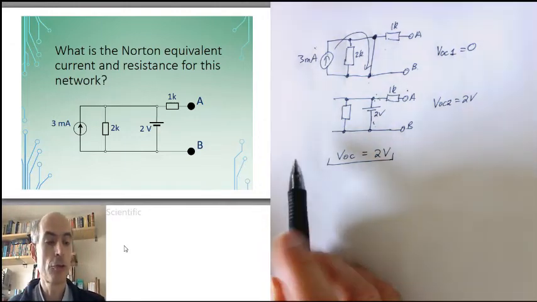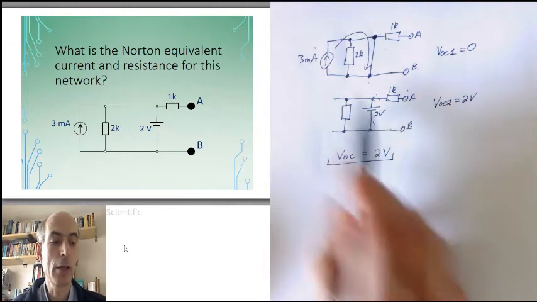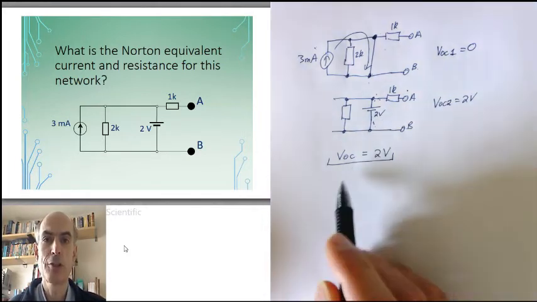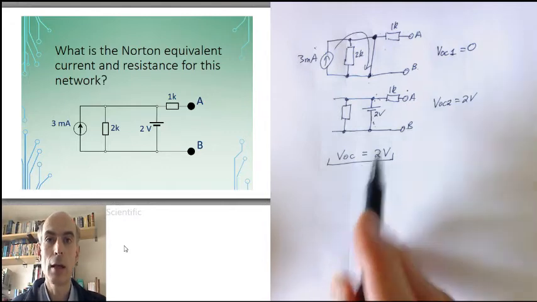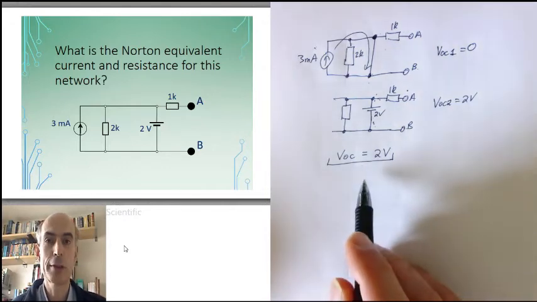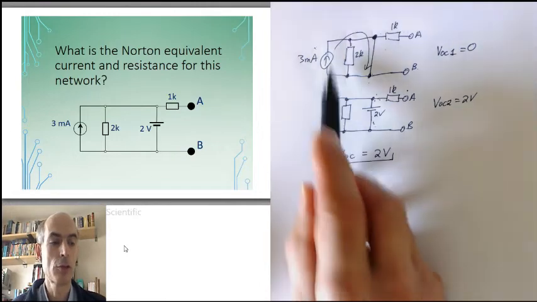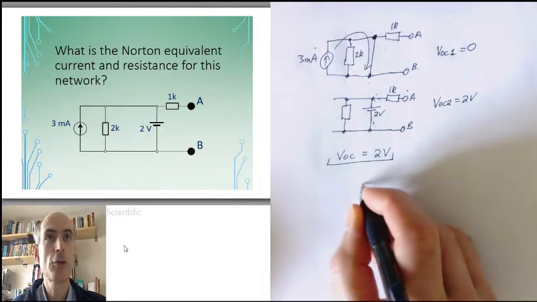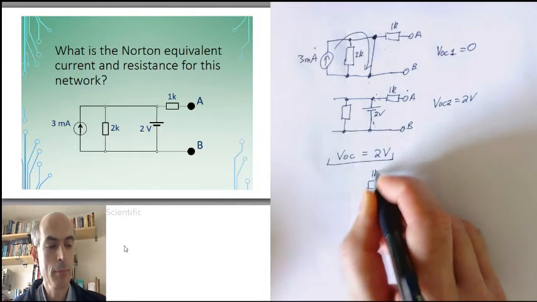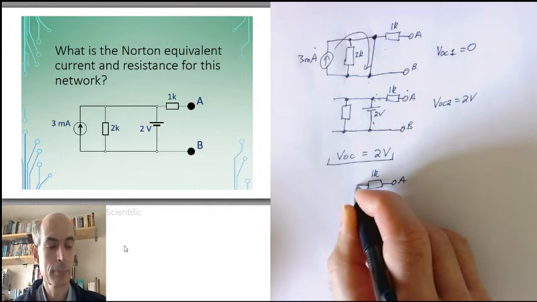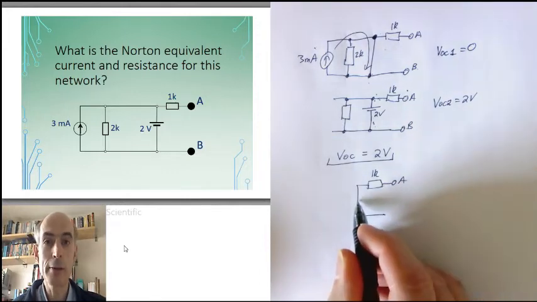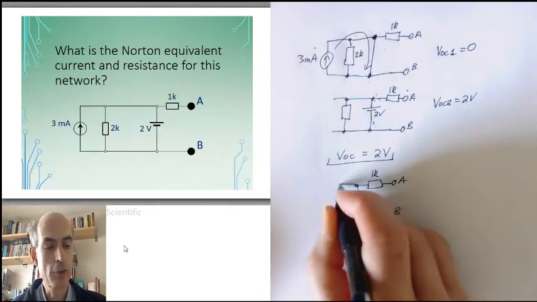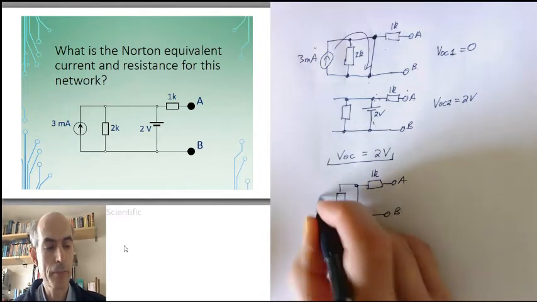We could go on to derive the short circuit current in the same way, using linearity and superposition, but it's easier to use the shortcut and go directly to the equivalent resistance. And the shortcut is to turn all of the sources to 0. If you turn all of the sources to 0, then you just end up with this. A 1K resistor going through a wire, which is the replacement for the voltage source, and a 2K resistor in parallel with the wire.